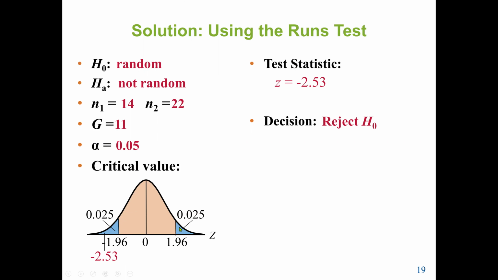So if the test statistic is greater than 1.96 or less than negative 1.96, then we reject H0. Remember always, the brown region is the accepted H0 region.